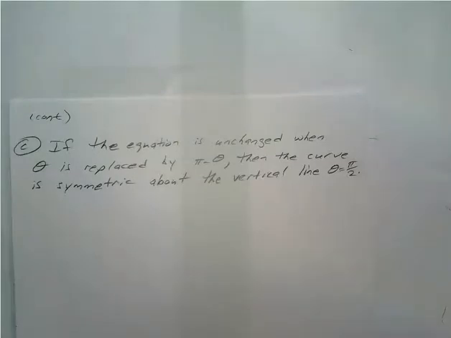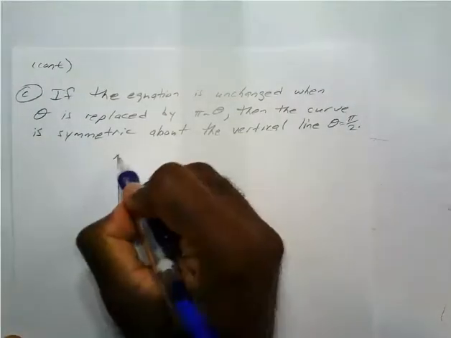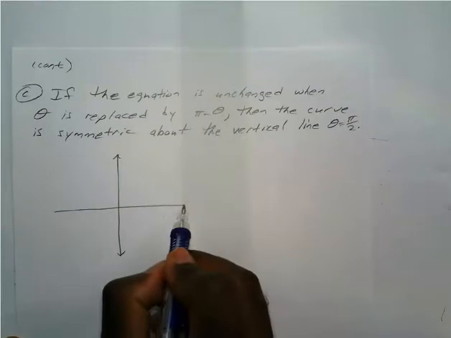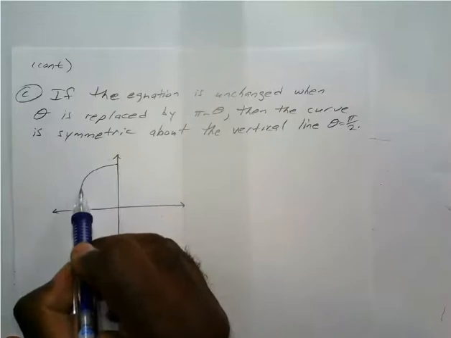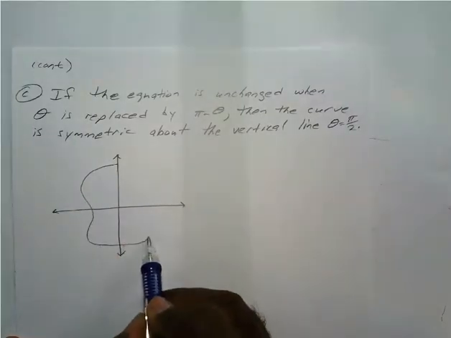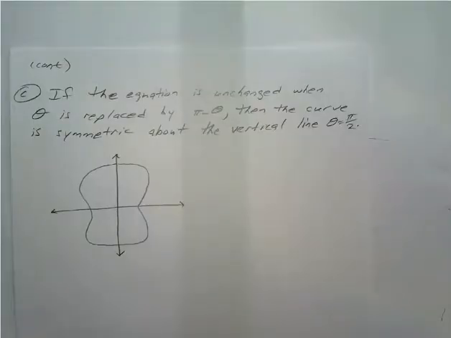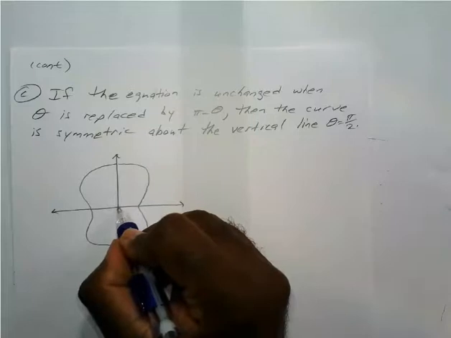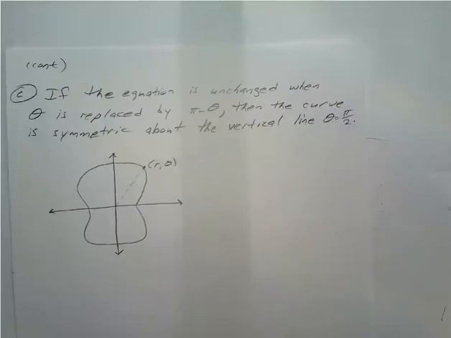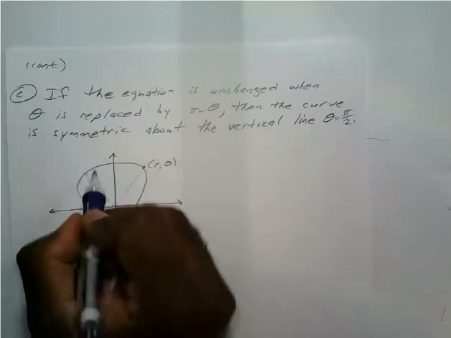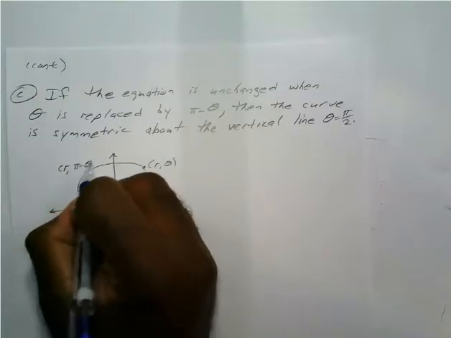Okay, so to help you visualize that, go ahead and draw our axes. If we have our theta, the point should also exist where you have an r of pi minus theta.